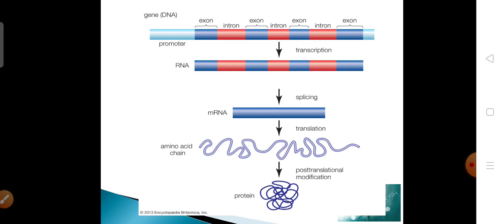Introns as well as exons are transcribed, but then during post transcriptional modification, something is spliced out. What is spliced out? Some part of the mRNA is spliced out. What is that? The regions present in the mRNA which have been transcribed from introns are spliced out specifically.